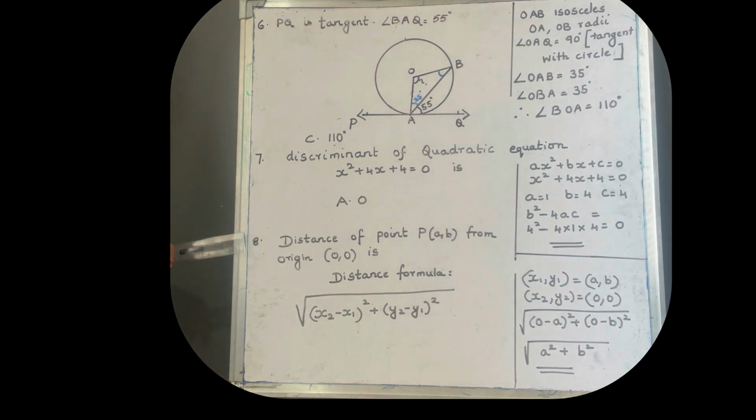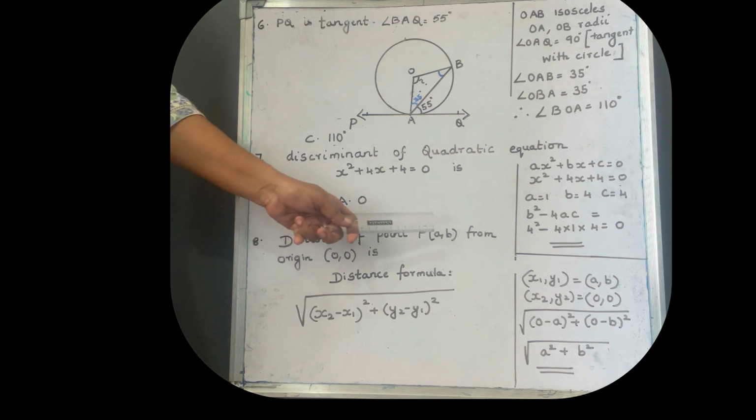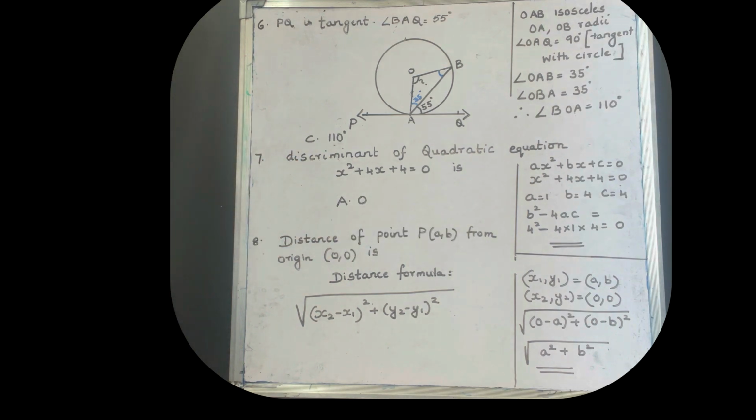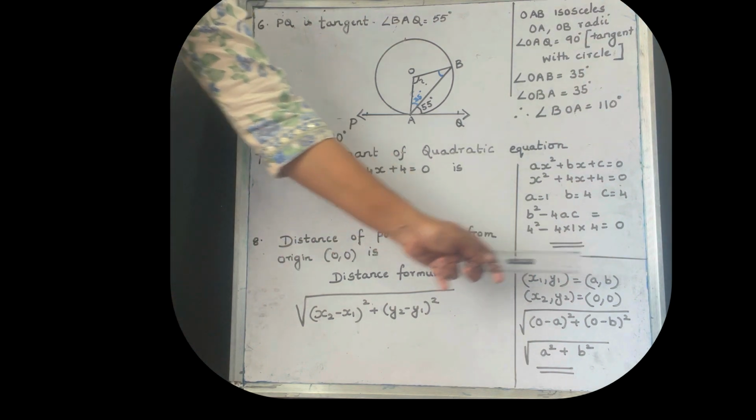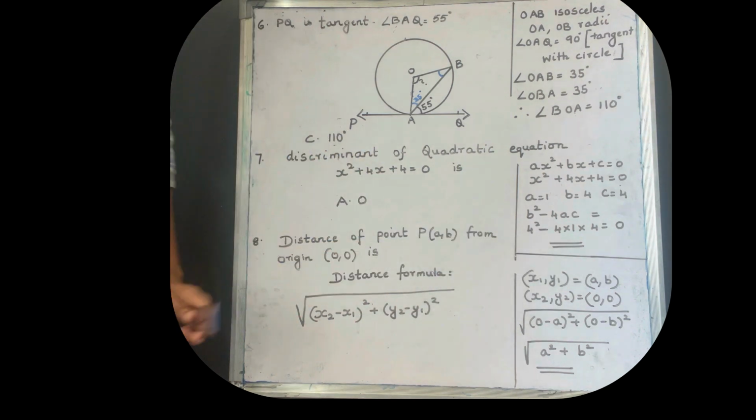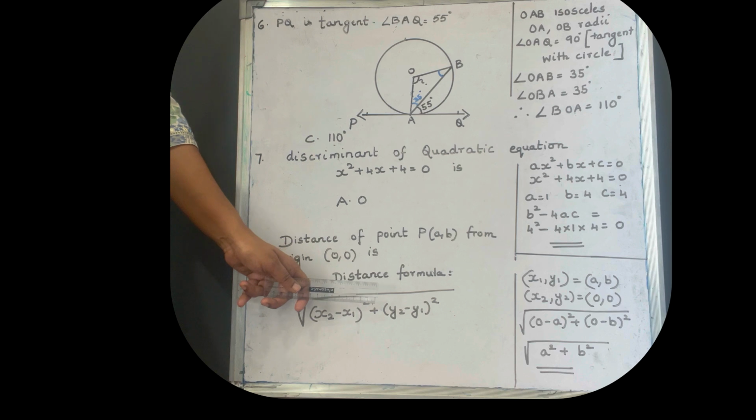The next question is distance of point P, AB from origin 0, 0 is? This question is from coordinate geometry chapter, and we have to use the distance formula to find the distance from P to origin O. So we can take the distance formula x1, y1 coordinates as AB and x2, y2 coordinates as 0, 0, and we substitute in the distance formula root of x2 minus x1 whole square plus y2 minus y1 whole square.